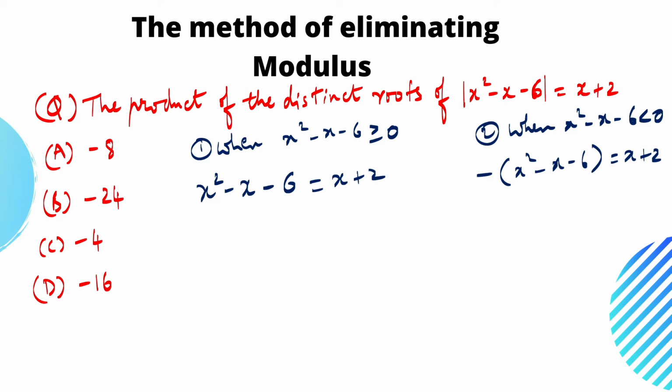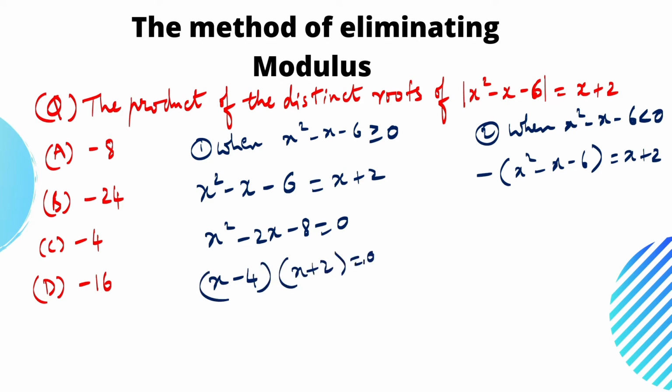We further solve this equation, we will get x² − 2x − 8 = 0, and (x − 4)(x + 2) = 0. Now if we equate x − 4 with 0, x is equal to 4, and in this case x is equal to −2.